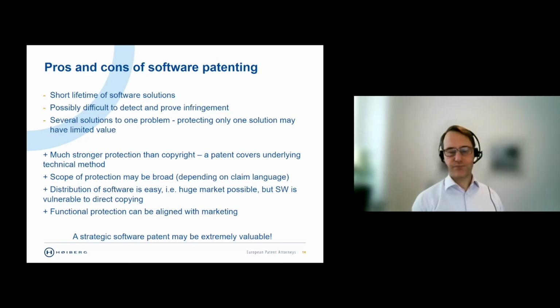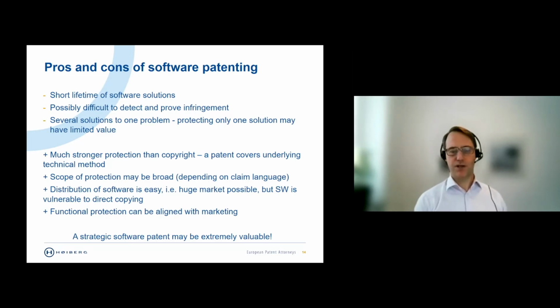So now again, should you patent software or not? Well, that's a very big and complex discussion. I think most of you, or many of you at least, will say that it's not worth it because there are some disadvantages. For example, maybe it's too narrow. The third line here says that there may actually be several solutions.